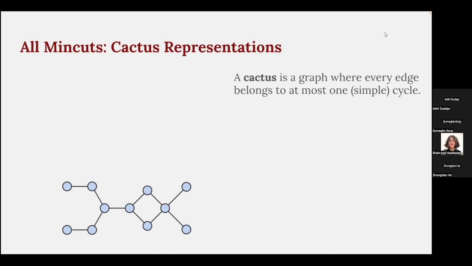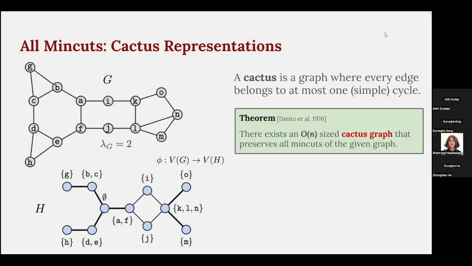There's a theorem by Dinitz et al. in '76 that says that for any graph G, there exists a linear-sized cactus graph that preserves all the Mincuts of the given graph. For example, in this graph G, the Mincut is 2.